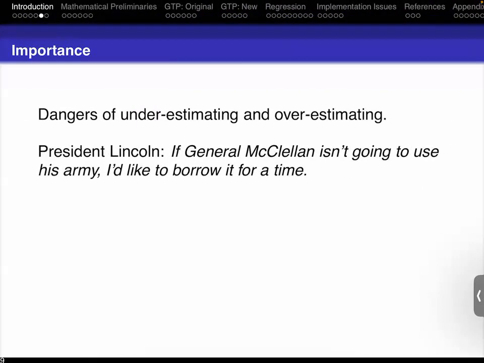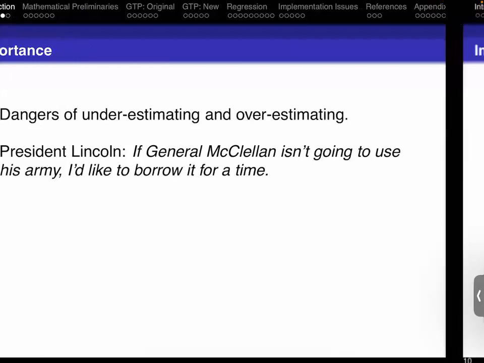One of my favorite quotes from Lincoln, there are several variants, is: if General McClellan isn't going to use his army, I'd like to borrow it for a time. In the beginning of the Civil War, the North had numerous opportunities to crush the South, but McClellan, the commander of the Army of the Potomac, was always afraid to move and engage. He always felt he was outnumbered by Lee, and he would never seize the initiative.